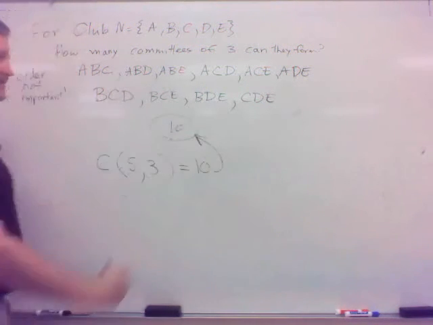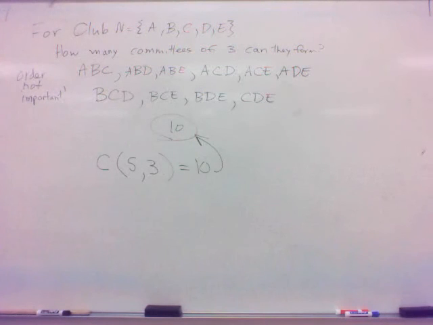Not by coincidence, you get the same number as we got there. It turns out this is the key ingredient here: the order not being important. You're going to use a combination whenever order is not important.